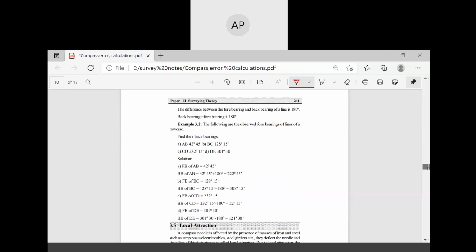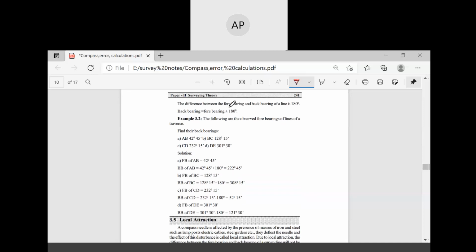Next, we have a problem. The difference between the forward bearing and back bearing of a line is 180 degree. Okay. So this is generally one formula. Back bearing equals forward bearing plus or minus 180 degree. Next, the following are the observed forward bearings of a line. Find the back bearings. So four bearings are given.